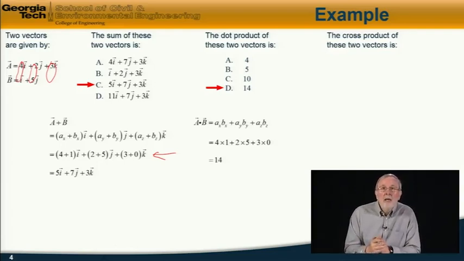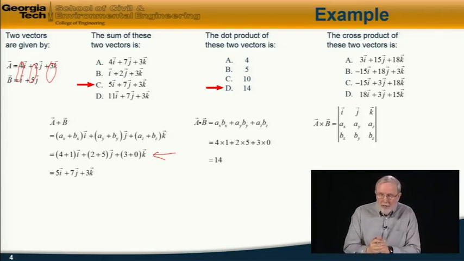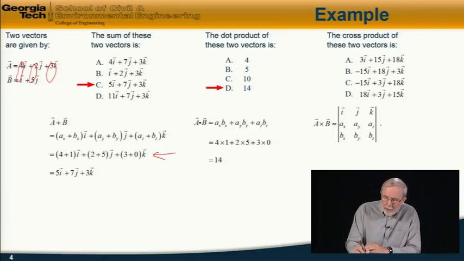And lastly, we'll compute the cross product, in other words, the vector product of those 2 vectors is which of these alternatives. So this one is a little bit more complicated, and we do this by writing down the determinant ijk and then the 2 vectors A and B and computing the determinant.